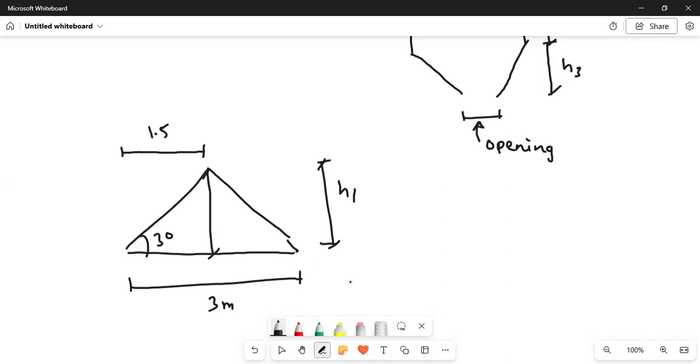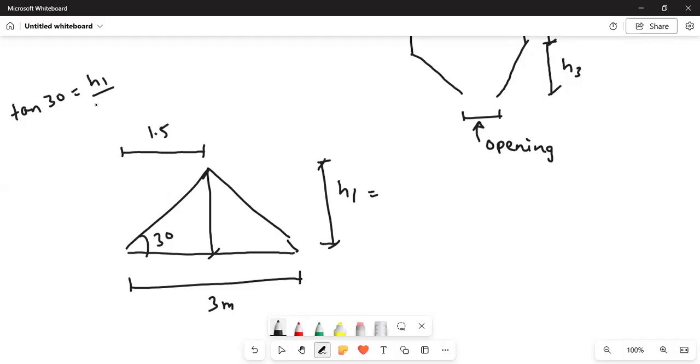Class, am I audible to you? Can you find this height? Tan theta, opposite divided by adjacent. So what H1 are you getting? Tan 30 equals H1 divided by adjacent.